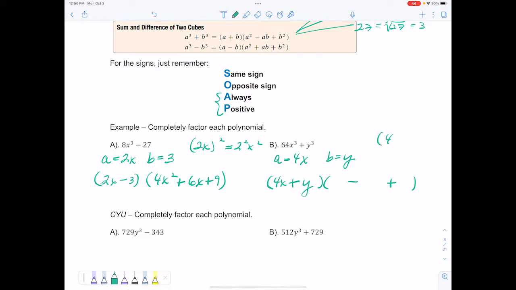So remember, you're squaring 4x. So that means you have to distribute the exponent, right? 4 squared is 16. And then if you square an x, you get x squared. So this is 16x squared minus a times b. So 4x times y is just 4xy. And then b squared. So b is y, and if I square it, I get y squared. And then that's your final answer.